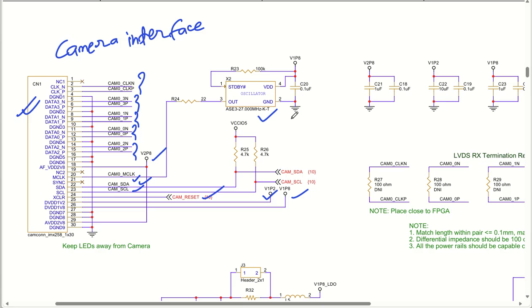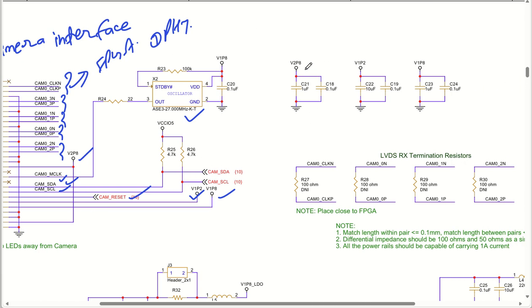Now let us look at what things are needed. As you can see, these pins, 2 4 8 12 10 and 12, are directly connected to your FPGA, like the D5 signal that I will show you.